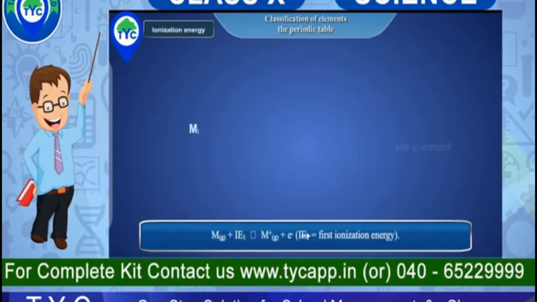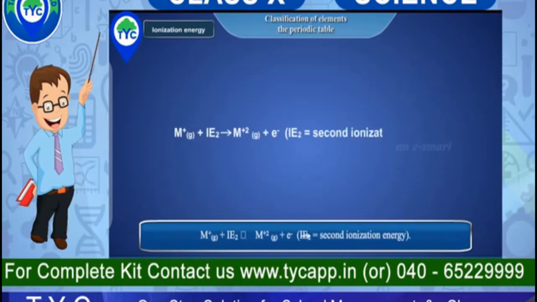M(g) plus IE1 gives M plus (g) plus e minus, that is, IE1 equals the first ionization energy. M plus (g) plus IE2 gives M 2 plus (g) plus e minus, that is, IE2 equals the second ionization energy.